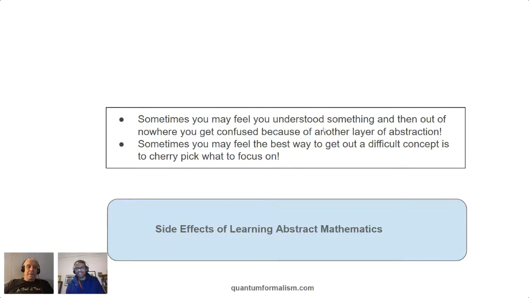On the first point, feeling you understood something and then suddenly getting confused again is normal. This is why you need to keep these things fresh in your head, so this stuff doesn't get out. This is how you overcome this challenge.